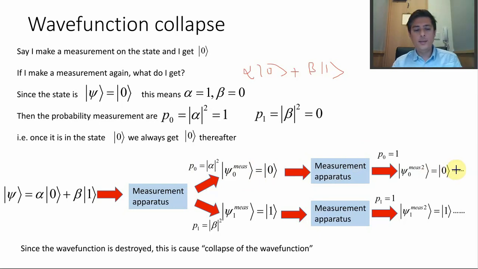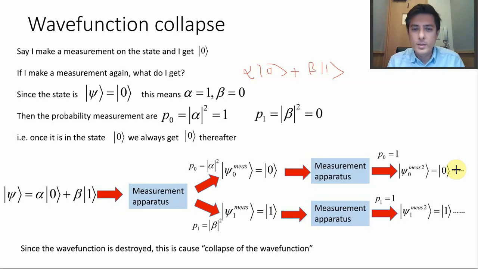It's like you've got your machine here, and you say, I want you to tell me, is it in state 0 or is it in state 1? You first put in this quantum state, and this random stuff happens. But after the machine says it is in state 0, you put that back into the machine and say, I know you just told me that it's in state 0.